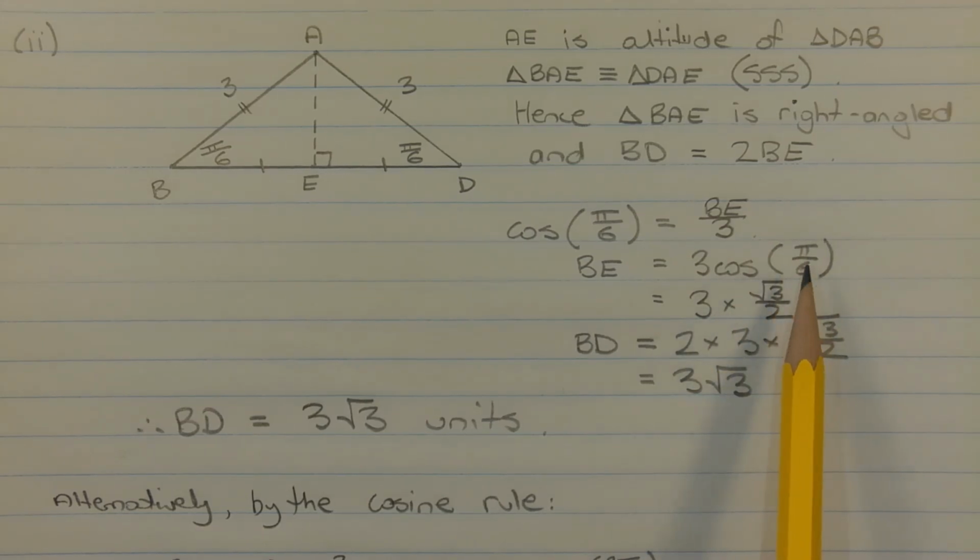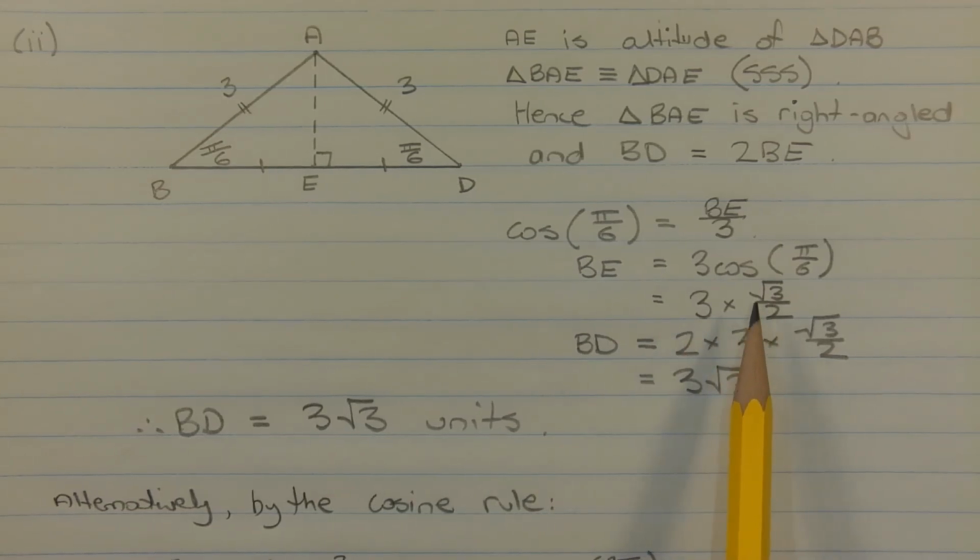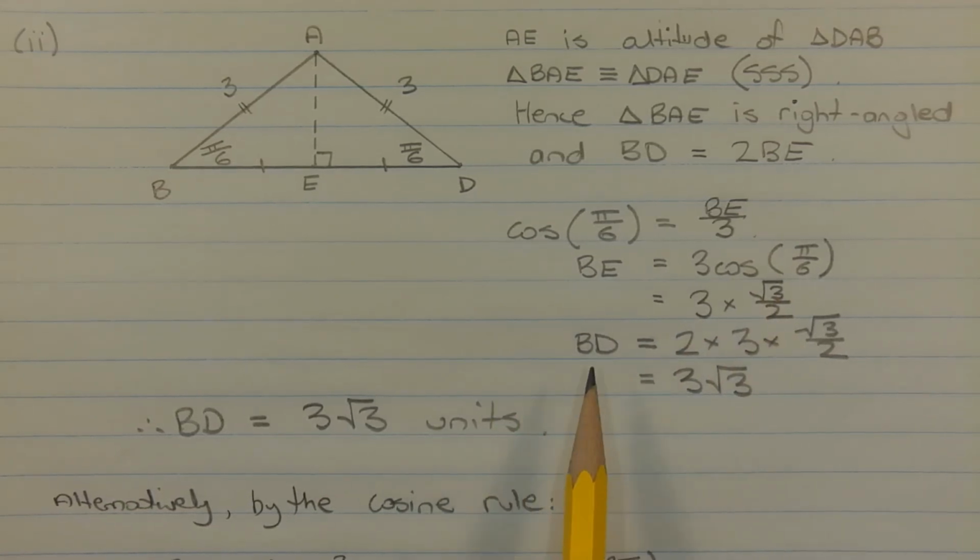Now cos of π/6 is an exact ratio, which is √3/2. And then we double 3 times √3/2 to get the length of BD. So BD is equal to 2 times 3 times √3/2, and that gives us 3√3. Therefore, BD is equal to 3√3 units.